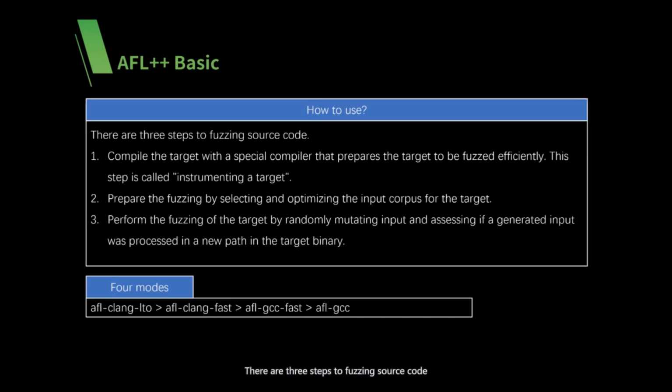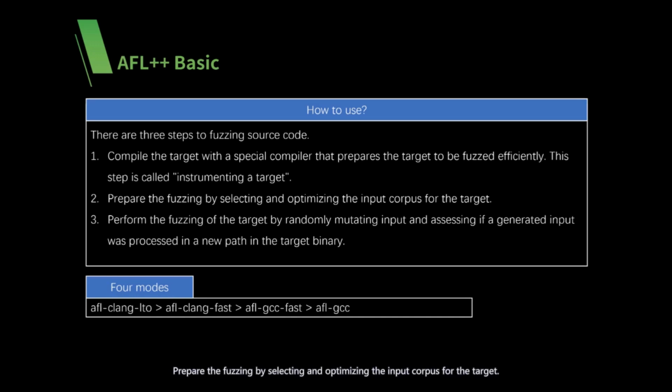There are 3 steps to fuzzing source code. First, compile the target with a special compiler that prepares the target to be fuzzed efficiently. This step is called instrumenting a target.